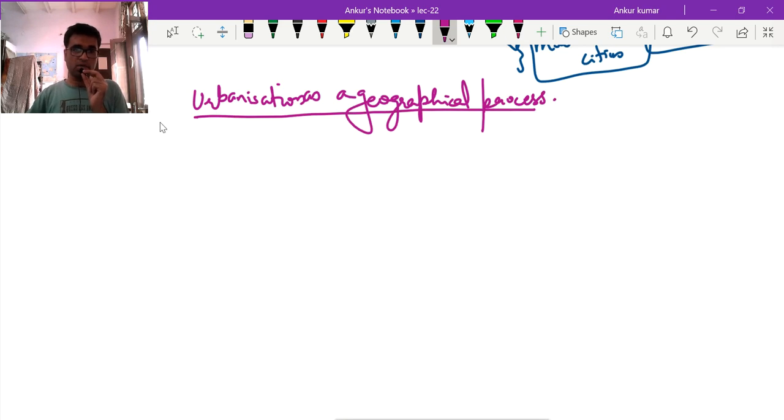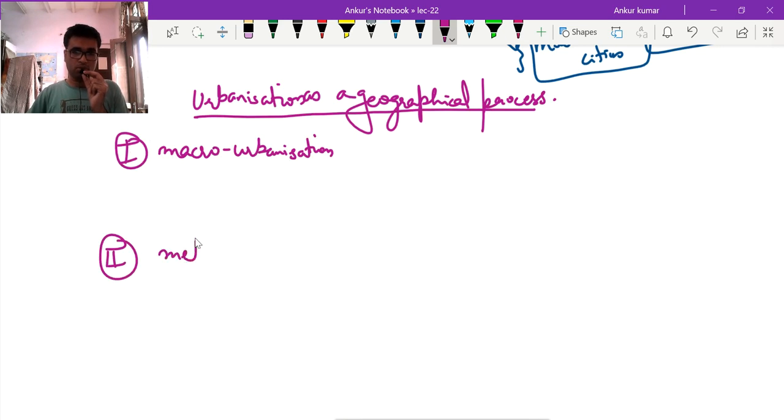Again, this can be divided into three parts. Number one is macro urbanization. Number two is metropolization. And number three is suburbanization or counter urbanization.